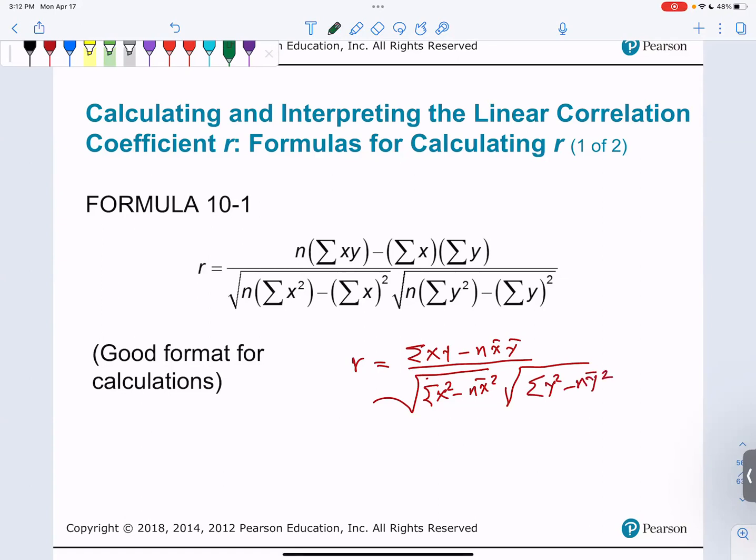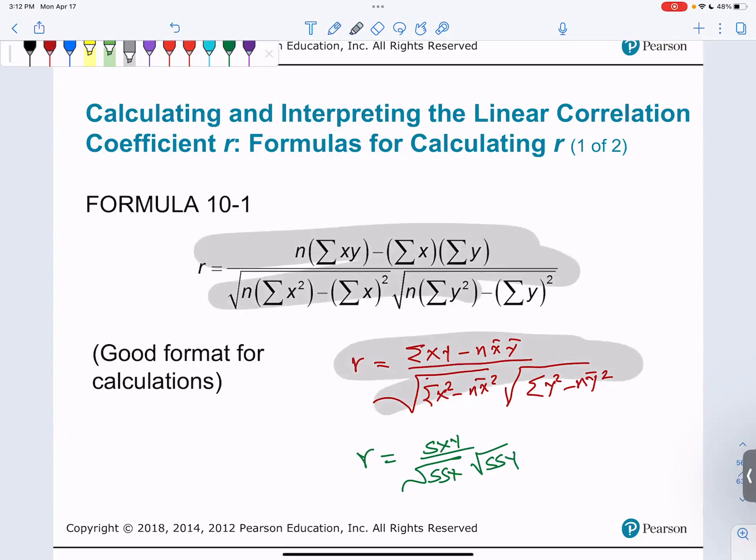And remember, we did this one: r equals, the top is Sxy, and here SSx, SSy. Or you can use this one; basically this and this are exactly the same. I just simplified this formula a little bit.